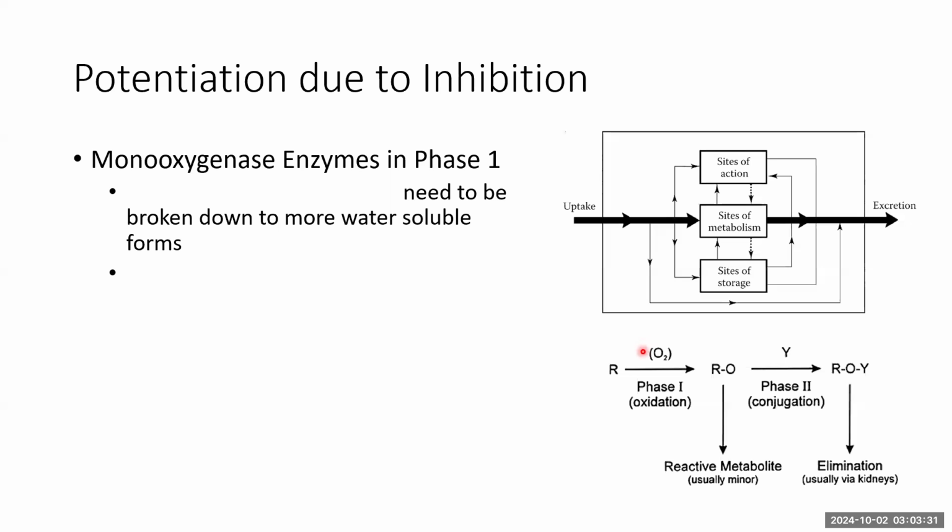Phase 1 uses those monooxygenase enzymes to break apart compounds, especially if they're lipophilic, adding sticky hydroxyl groups to them. And then phase 2 is where they are further digested by many and varied enzymes. Remember, lipophilic compounds need to be broken down into a more water-soluble form. Usually we're doing this by adding hydroxyl groups. This breakdown of highly lipophilic things is happening in phase 1 due to our monooxygenase enzymes.